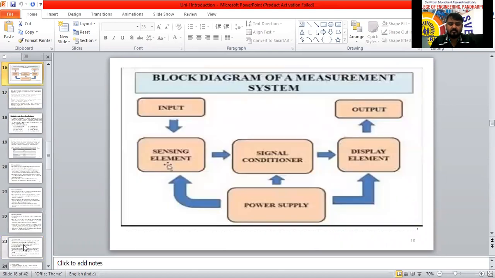The block diagram? Does anyone want to ask something? Any one of you? I'm not getting your voice at all. Nobody is replying, I think. See, out of 38 students, 31 are present, but being present in the meeting is not important.